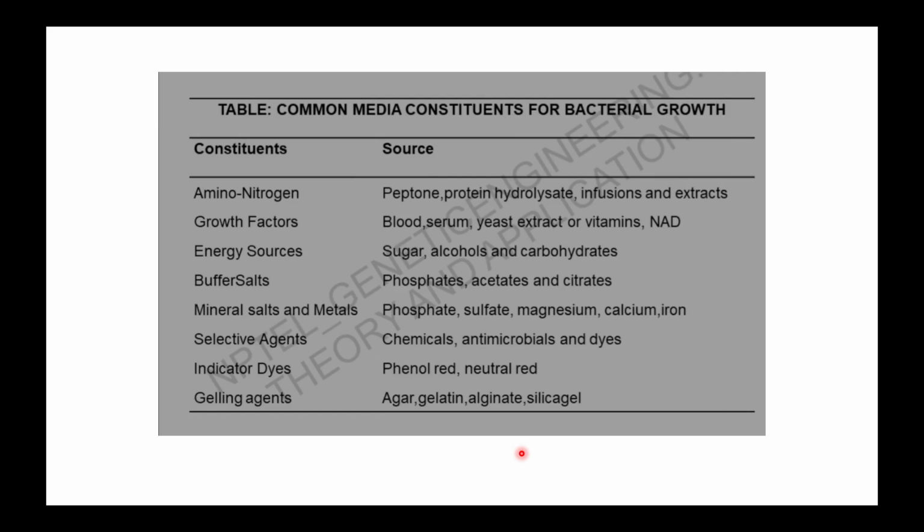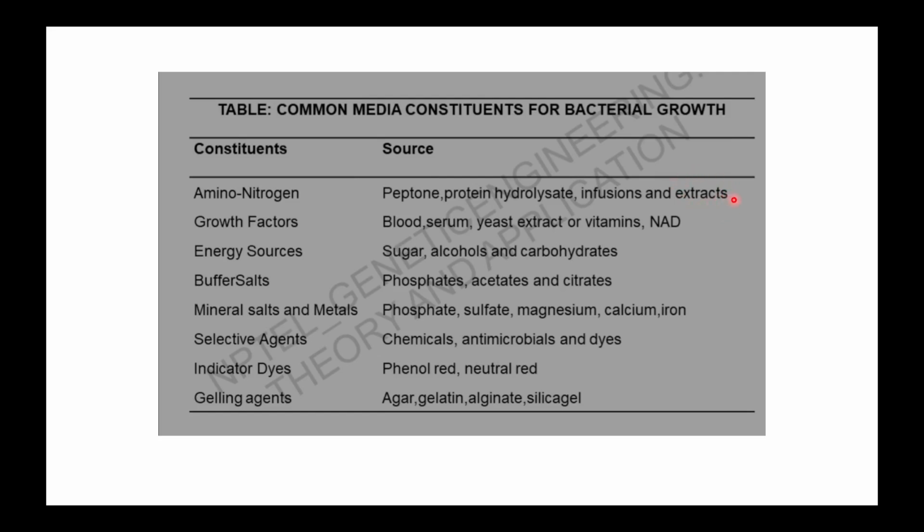Okay. And now, what are the common constituents of a growth medium for growing bacterial cells? It requires amino acids and nitrogen. So the source can be peptone, which is basically multiple digested peptides, protein hydrolysate, infusions and extracts.